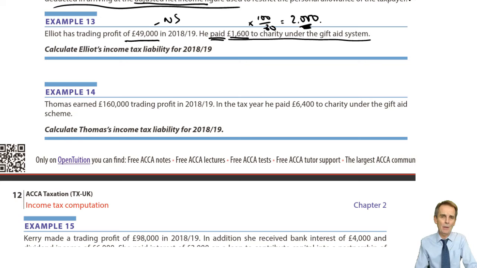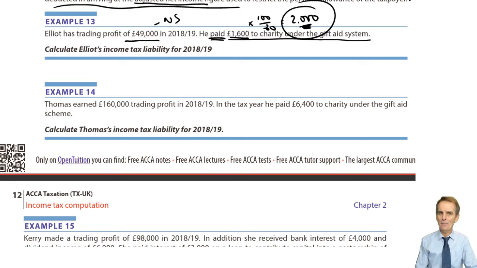And then instead of using a basic rate band limit of 34,500, it's going to be increased by 2,000. You'll add 2 to the 34,500, it'll be 36,500. That, of course, will then take income that might otherwise have been taxed at 40% and put it back into the 20% band. Do your calculations, get your tax liability. Job done. Okay, that's not a difficult exercise.